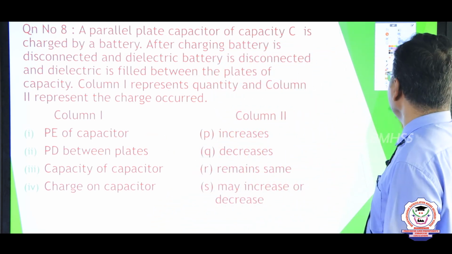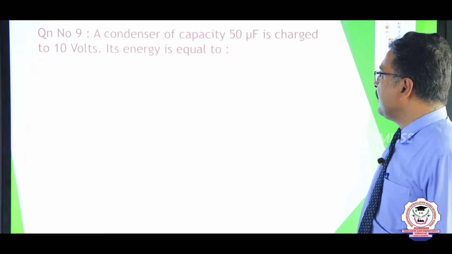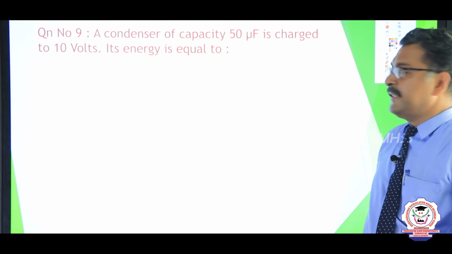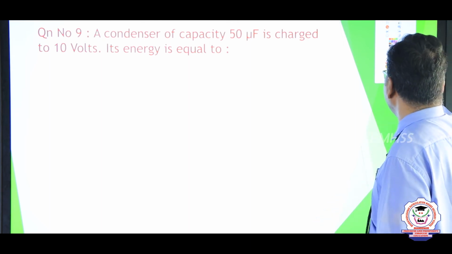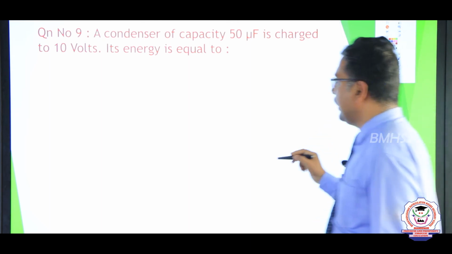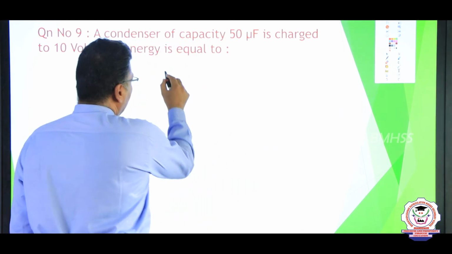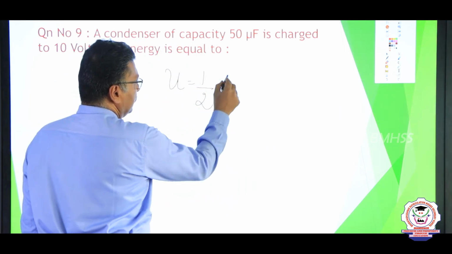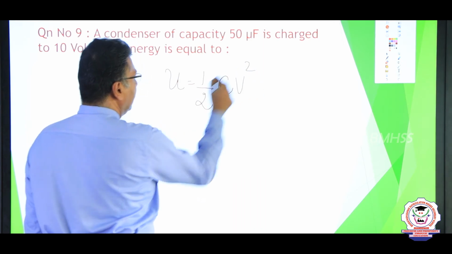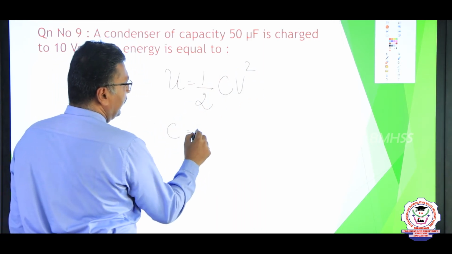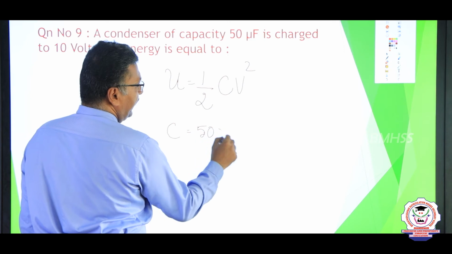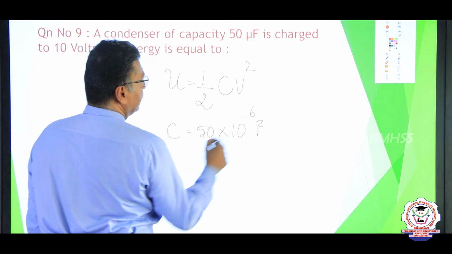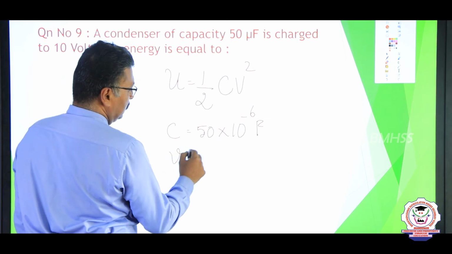So next problem, the condenser of capacity 50 microfarad is charged to 10 volts. Its energy is equal to, can you guess immediately? You can tell immediately what is U? U is equal to half CV square. So C is given as 50 into 10 to the power minus 6 farad. V is given as 10 volts.